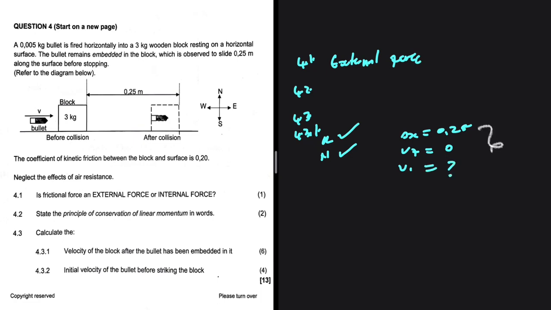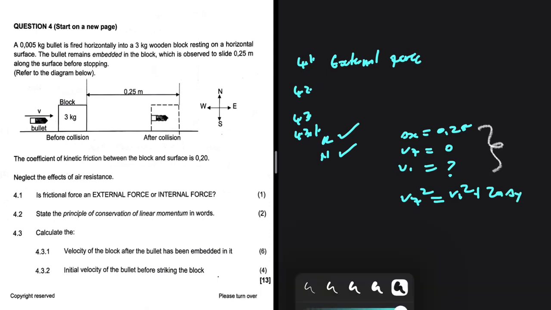With these variables, we can try VF squared equals VI squared plus 2A delta Y. But you should realize fairly quickly that even though we have VF and VI is what we're interested in, we don't have the acceleration. We have delta Y. If we have the acceleration, then we can use that equation. But how can we find the acceleration?